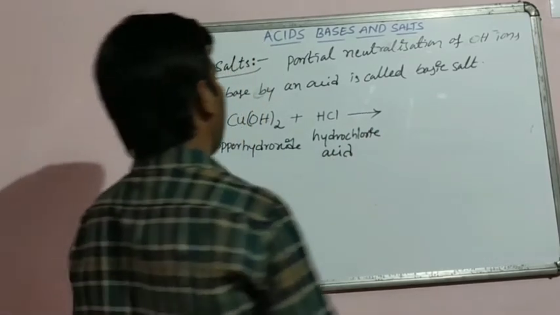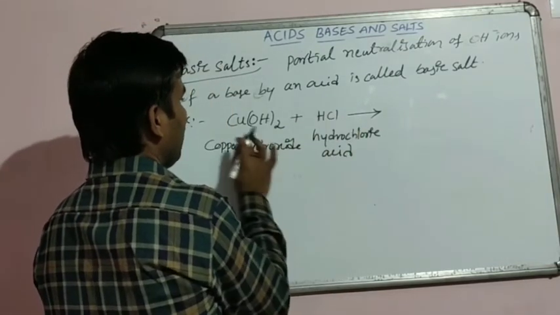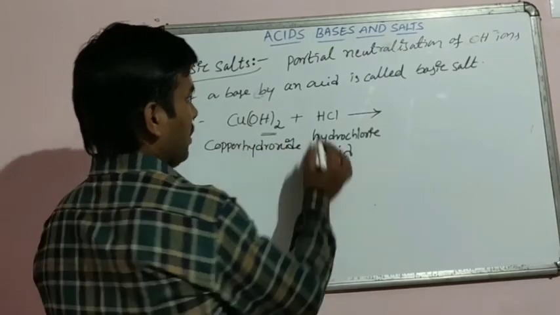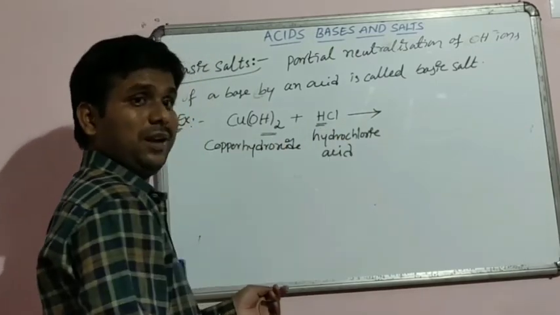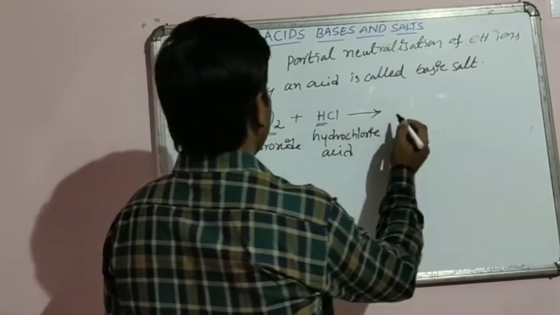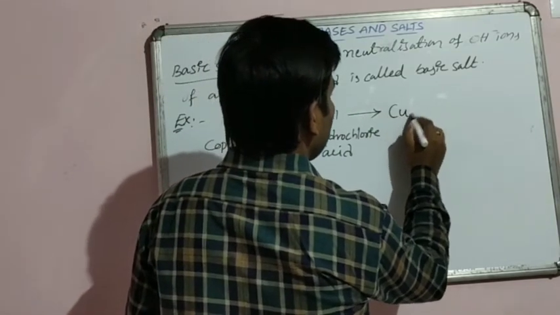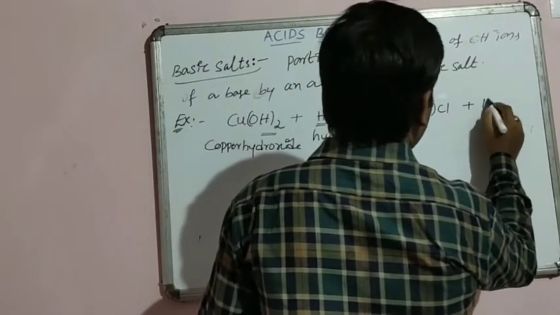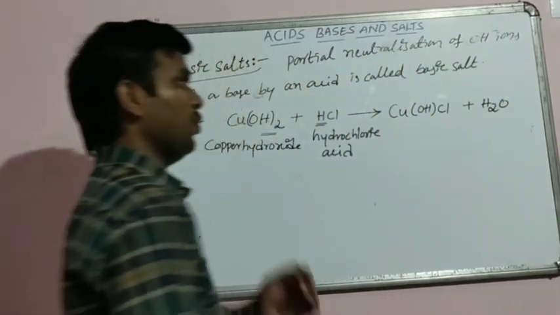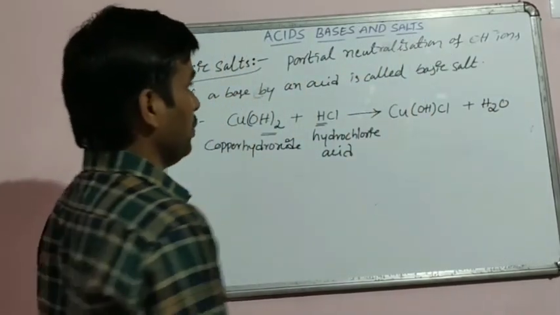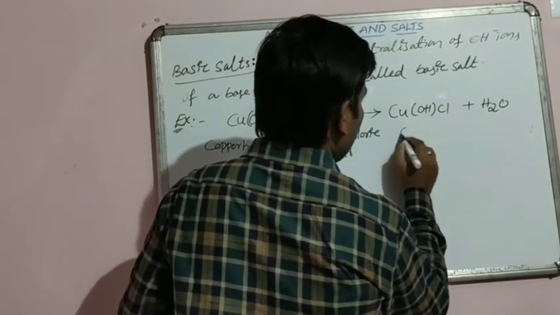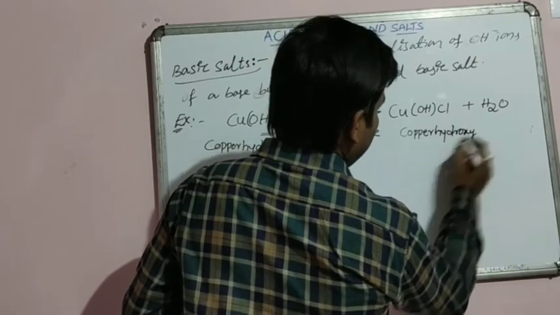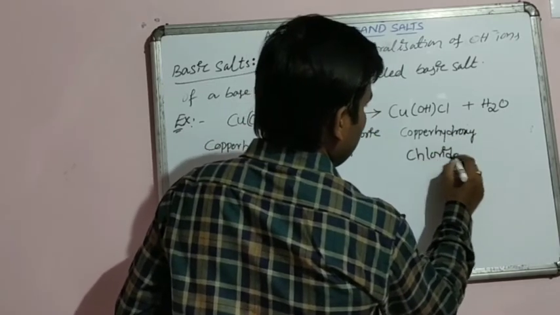When these two are combined, in copper hydroxide we have two hydroxyl ions and in HCl only one hydrogen ion, to form Cu(OH)Cl plus H2O. This one we call copper hydroxychloride and water.